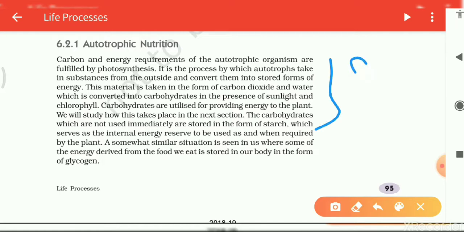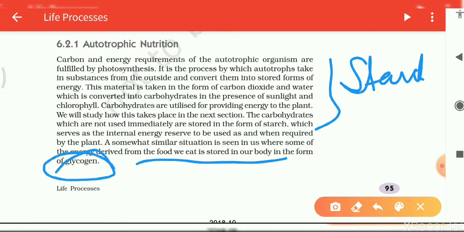In the plant, starch is stored, and in the human body, glycogen is stored inside our body, which can provide energy to us.